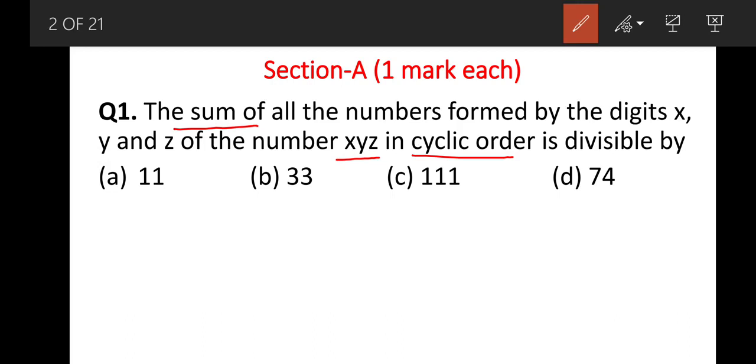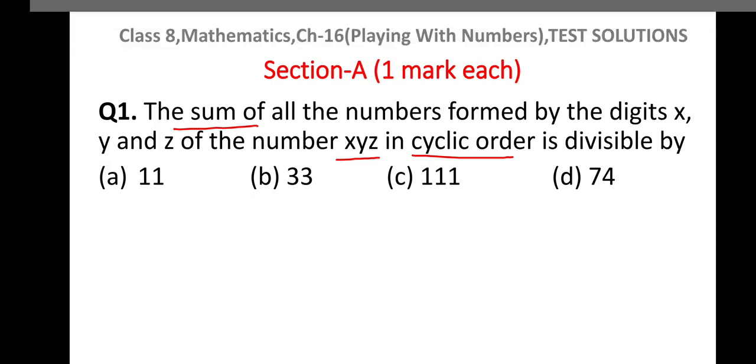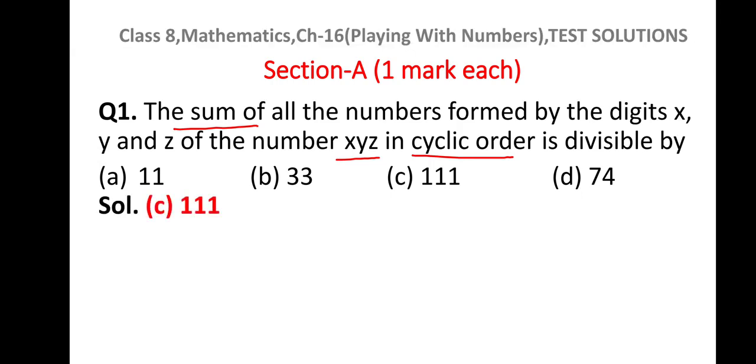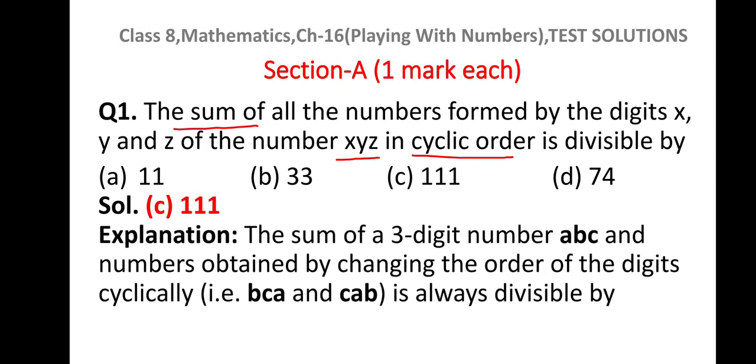And so as we have done the concept of this, we will be using that relevant explanation. Let us see what will be the explanation part. So correct answer is C option, that is 111. What is the explanation for this? The sum of a 3-digit number ABC and numbers obtained by changing the order of the digits cyclically, that is BCA and CAB, is always divisible by... Yes, can you tell the answer?